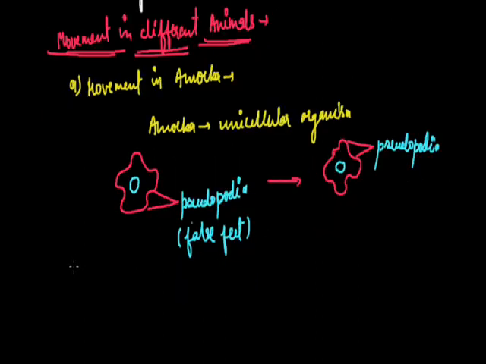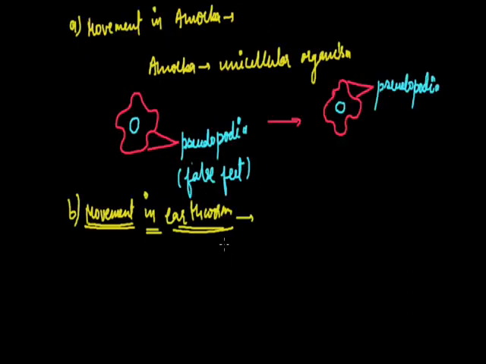Now the next movement we will study is in earthworm. Movement in earthworm. Earthworm is a multicellular organism and belongs to phylum Annelida. Earthworm does not have bones, it has only muscle which helps in locomotion.